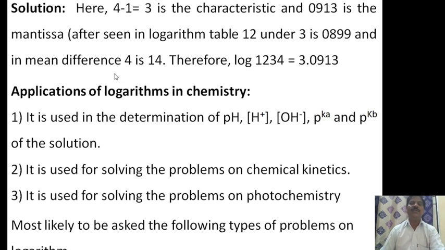Now coming to the applications of logarithms in chemistry. It is used in the determination of pH value.